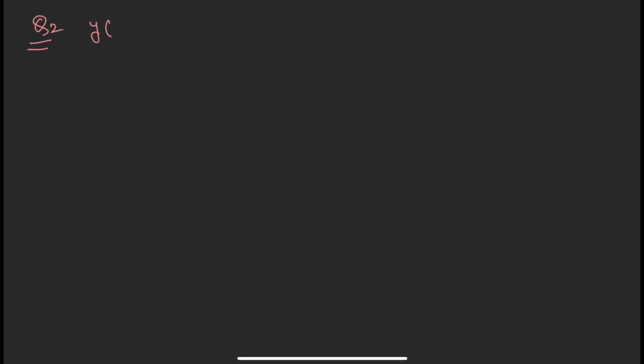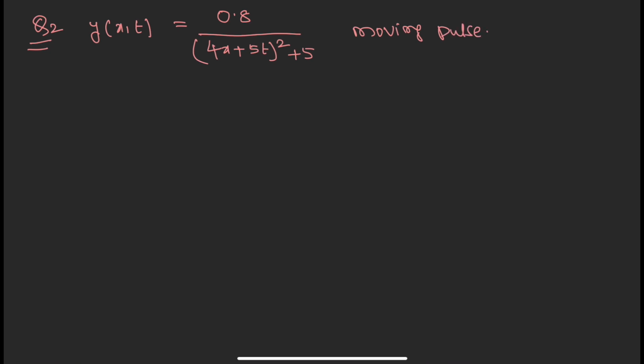Okay, so displacement as a function of x comma t is equal to 0.8 by (4x plus 5t) whole square plus 5. This represents a moving pulse. This is the equation for a moving pulse.